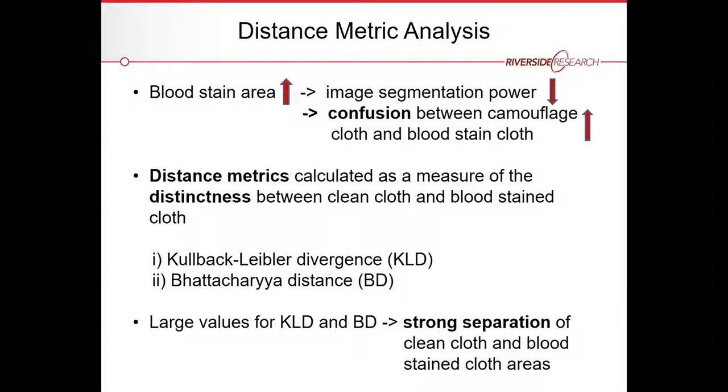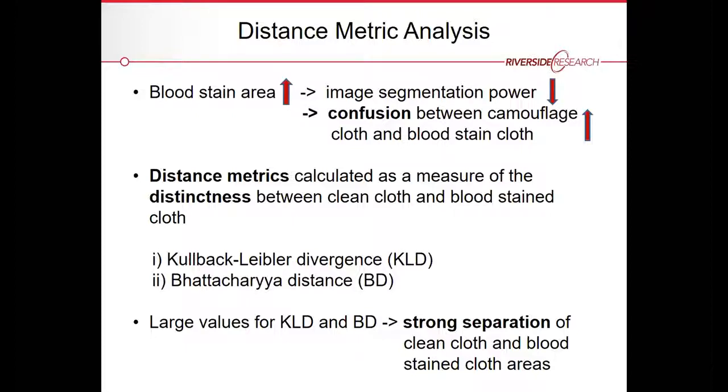We can see it. The ant can't. So as the blood-stained area increases, the image segmentation power decreases, which causes confusion between the camouflage cloth and the blood-stained cloth. So the distance metrics are calculated as a measure of distinctness between clean cloth and blood-stained cloth.